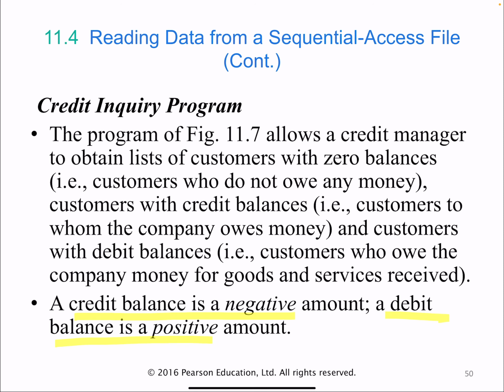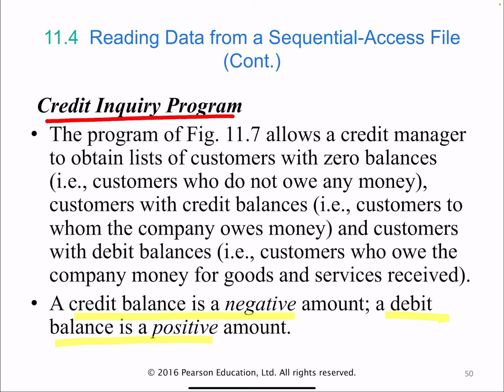As a demo, let's write this simple program called the credit inquiry program. For simplicity, it works with a file of the same format that we've been using so far for all the file exercises. What this program will do is go through the file and search out records that match certain criteria for you.